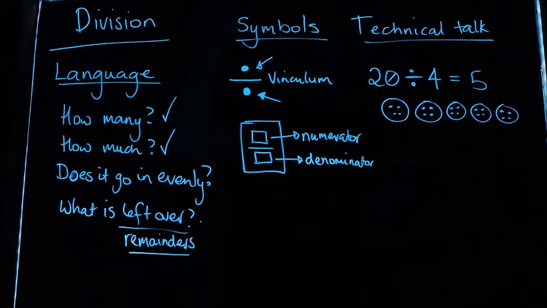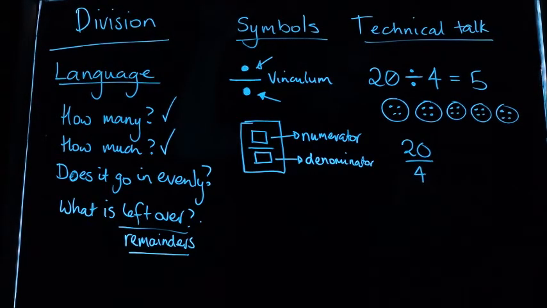Okay, so if I set this up as a fraction, 20 over 4, I read this as 20, how many 4s? Because if we cancelled this improper fraction down, we could say, how many times does 4 go into 4?